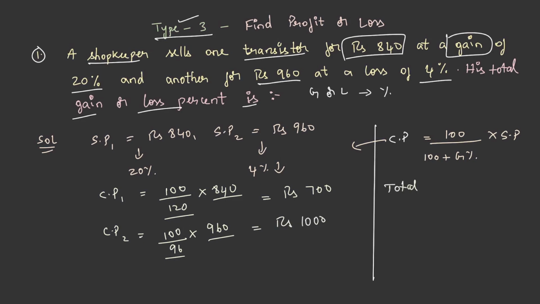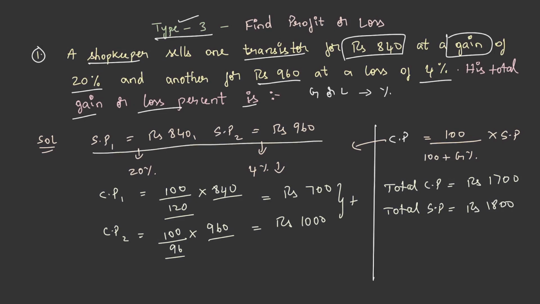Now the total cost price is equal to rupees 1700, by adding these two, and the total selling price is equal to rupees 1800, by adding these two.